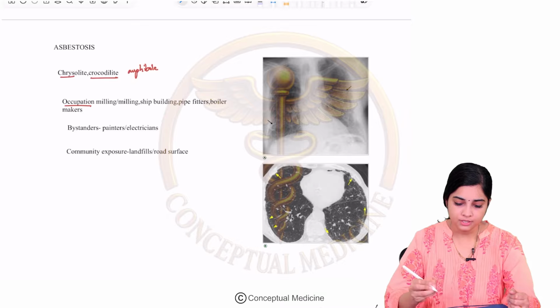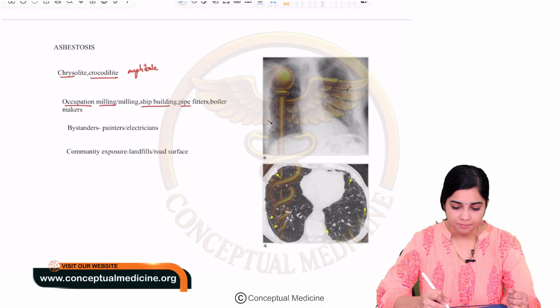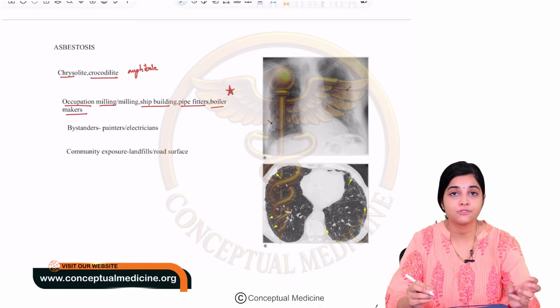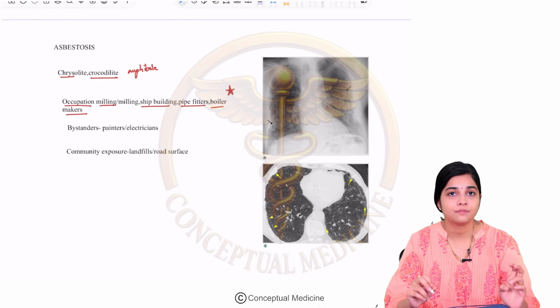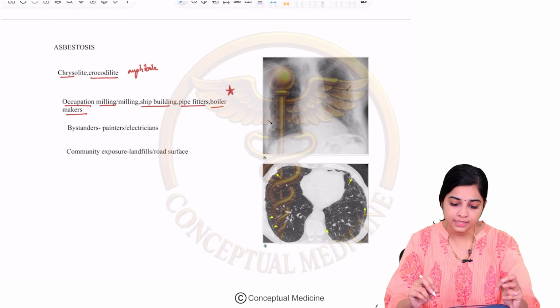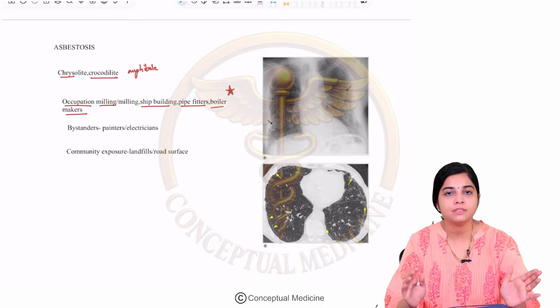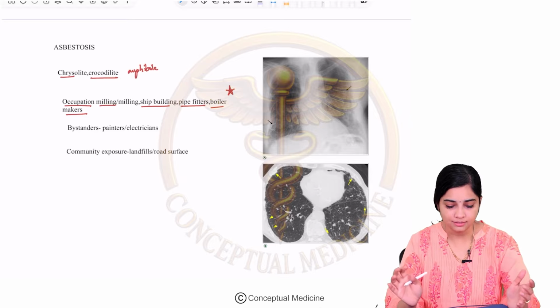The occupations include milling or shipbuilding, then pipe fitters, boiler makers, right? Always remember shipyard workers is the most common association with asbestosis. So milling, shipyard workers, pipe fitters, boiler makers, all of these people have risk of asbestos inhalation and asbestos related lung injury.